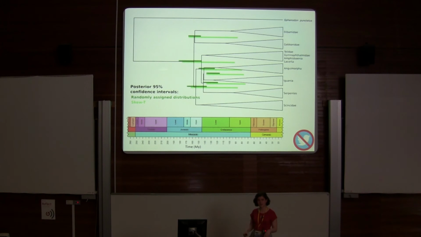So I had my nodes, used Excel to randomly tell me which distribution to take for each node. And this, you can see the confidence intervals are much narrower and again much more congruent with the previous results I was getting. And this is probably because the internal nodes are sort of keeping each other in check.